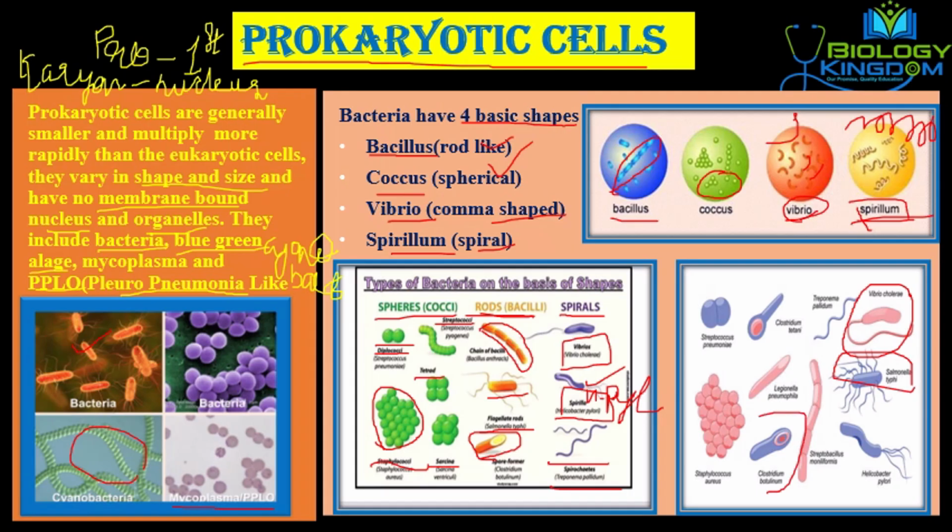This is Clostridium botulinum, which causes food contamination through botulism found in food. Then Helicobacter pylori, which is present in our stomach. So this is all the detailed information about bacteria.